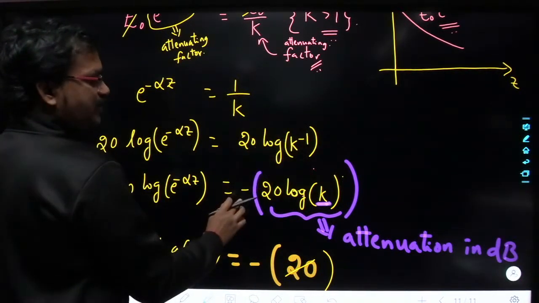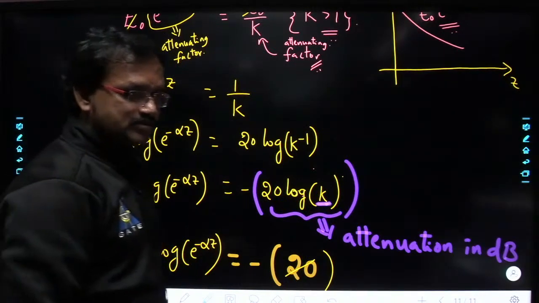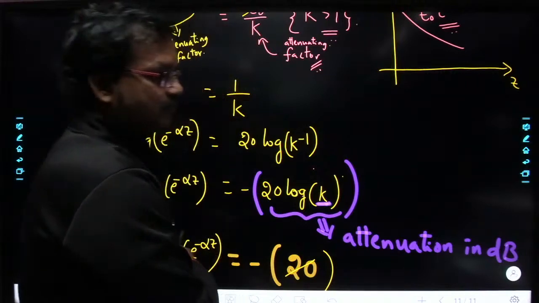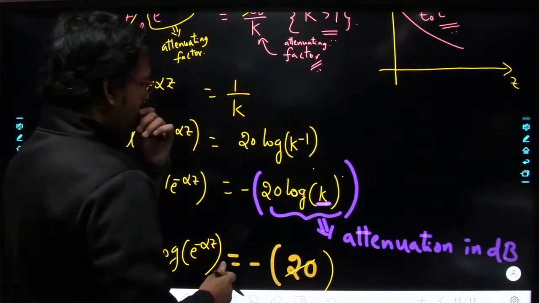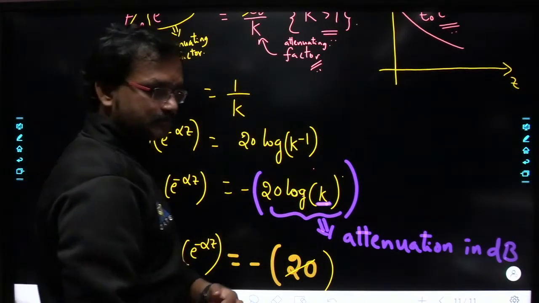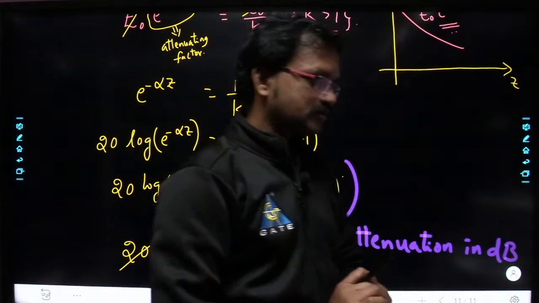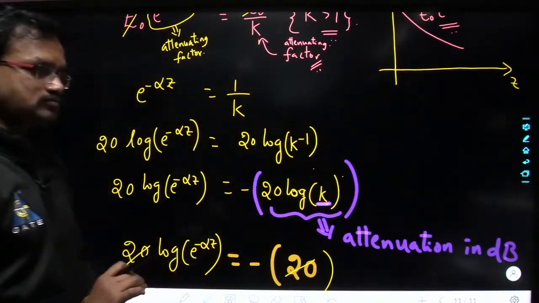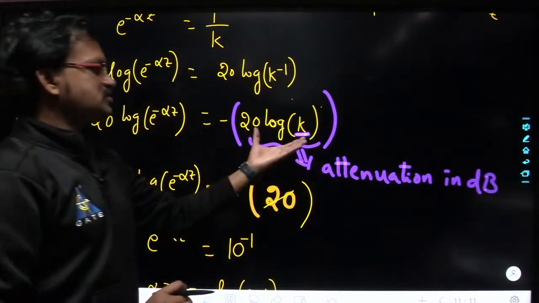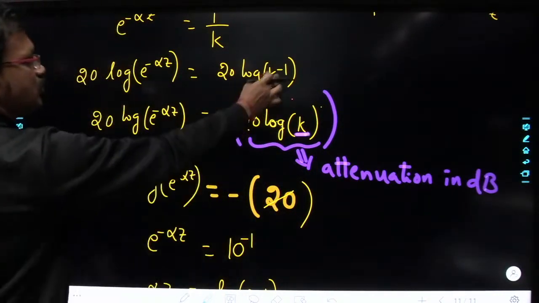So 20 log k power minus 1 I can write as minus 20 log k. So now this is attenuation in dB.